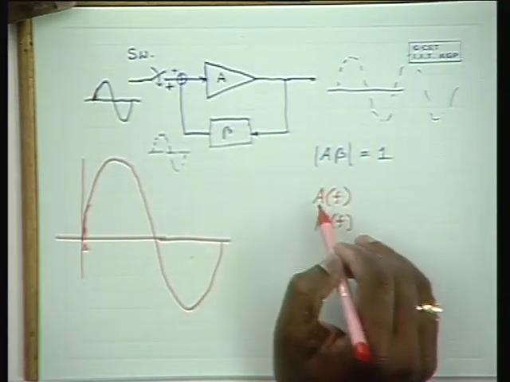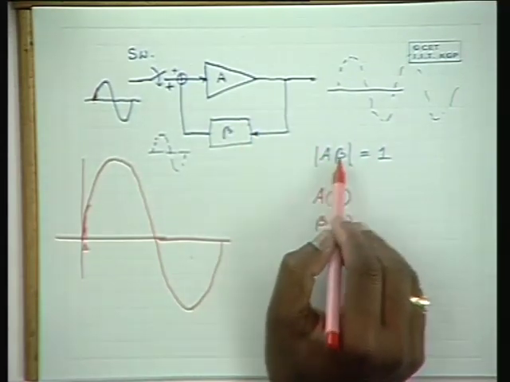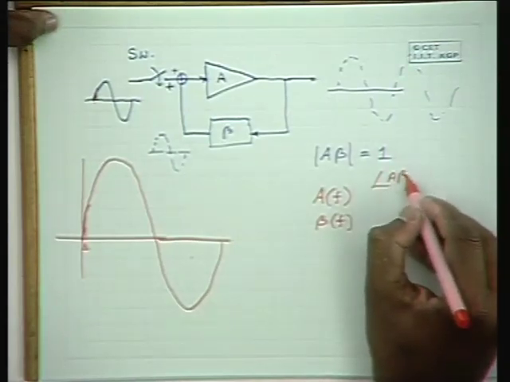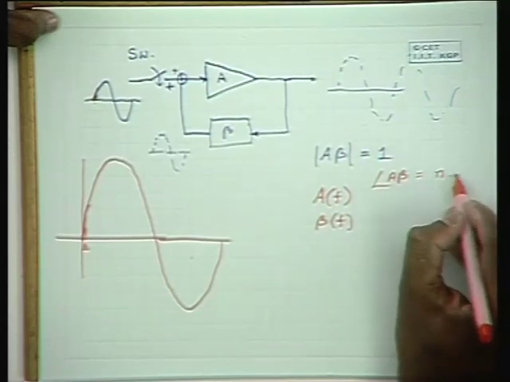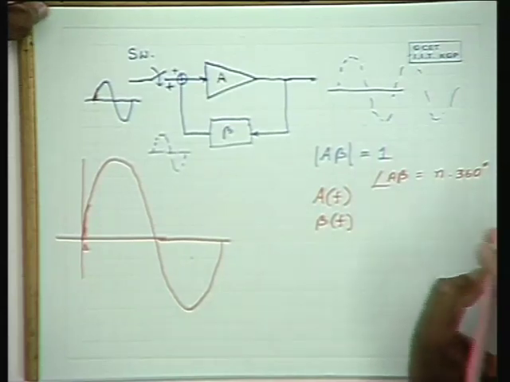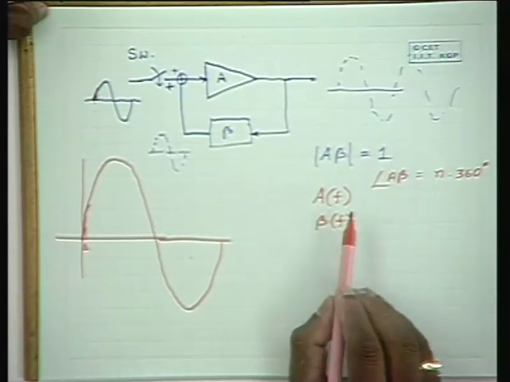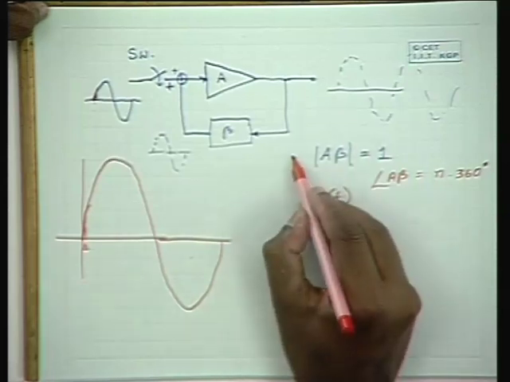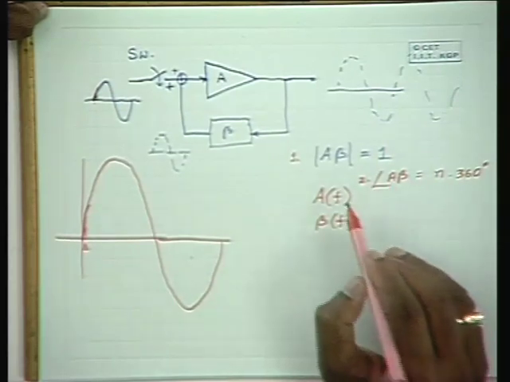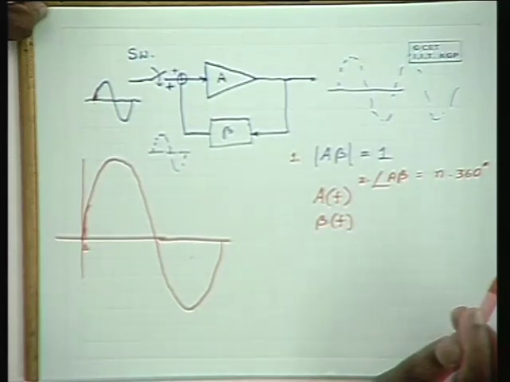So, in general, A and beta are functions of frequency. Now, you want the magnitude of A beta to be 1 and the angle of A beta to be n times 360 degrees, because then only oscillations can be produced. And these two conditions are to be satisfied at a particular frequency, and when they are satisfied at a particular frequency, oscillations are produced at that frequency.